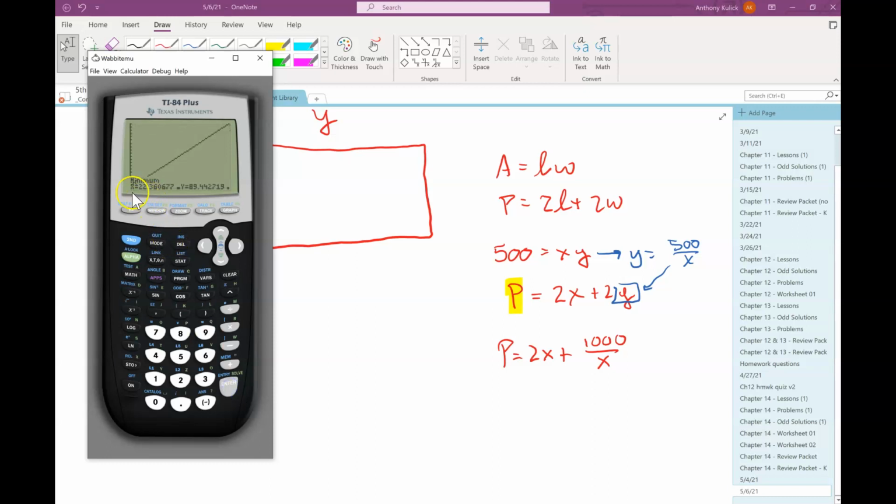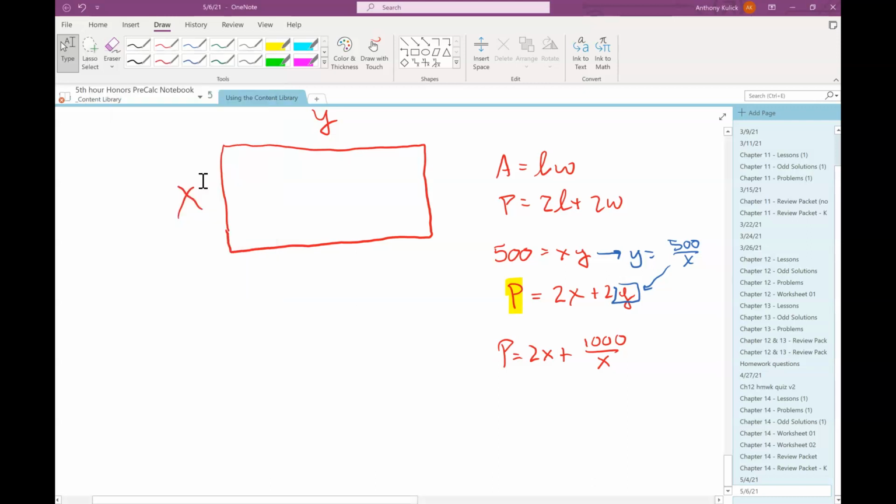So my minimum value for x is 22.4, and the perimeter I'd have with that value of x is about 89.4. Everybody okay with that?